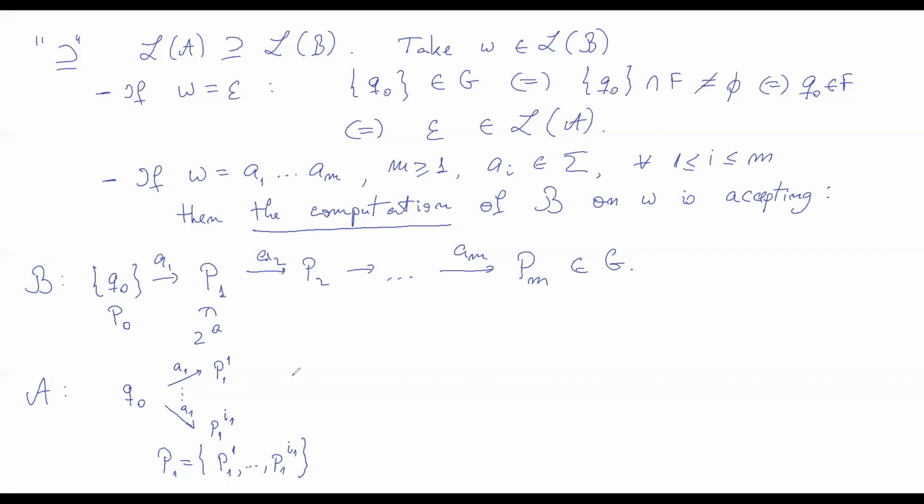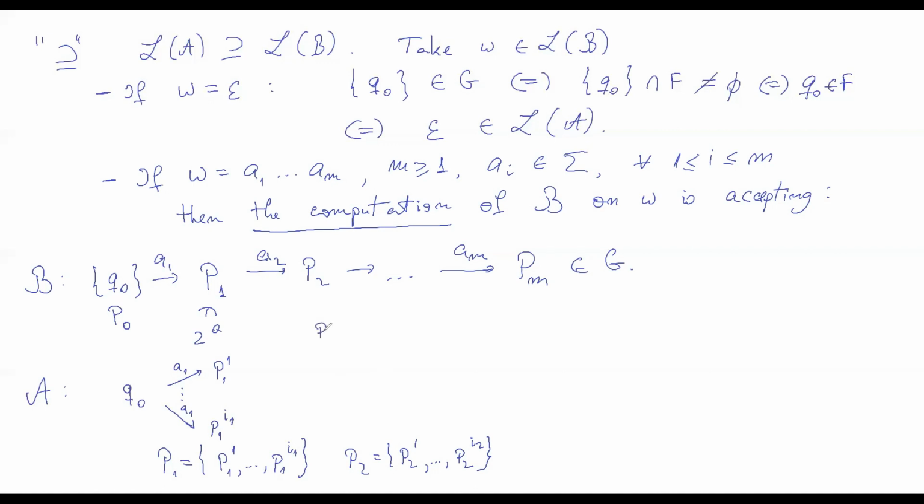And again, if P2 is made of states, say, P2,1 all the way to P2,I2, the fact that I have this transition from P1 to P2 means that I have transitions from all of these states. So all of these states can be reached from one of these.